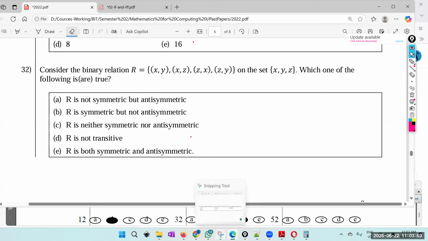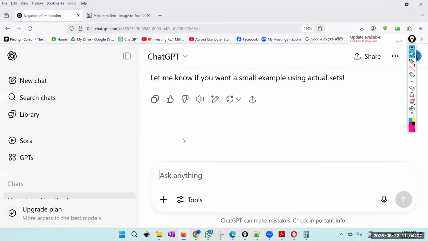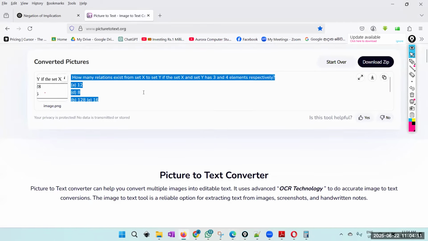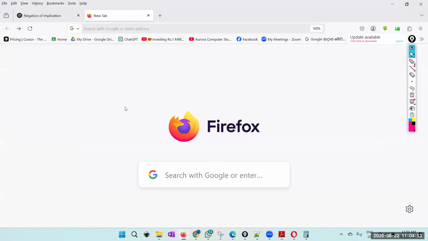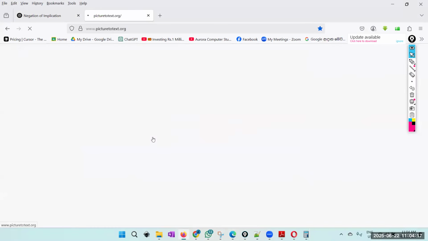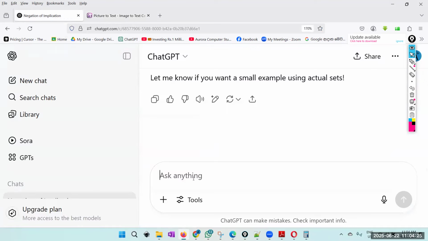Shall we ask that from ChatGPT? I can straight away copy paste, right?